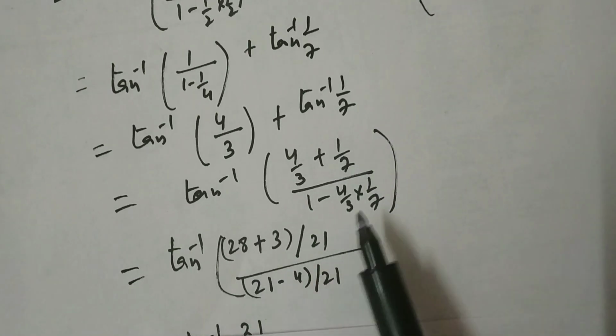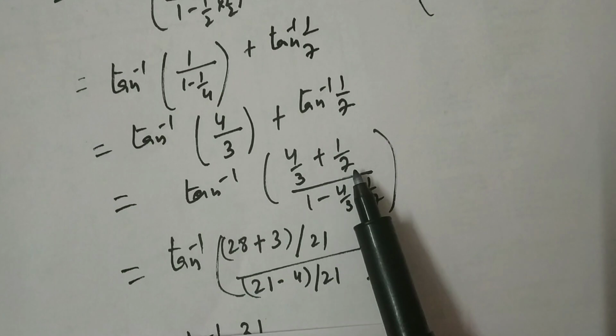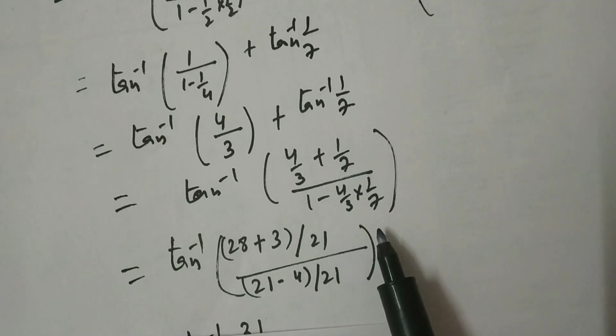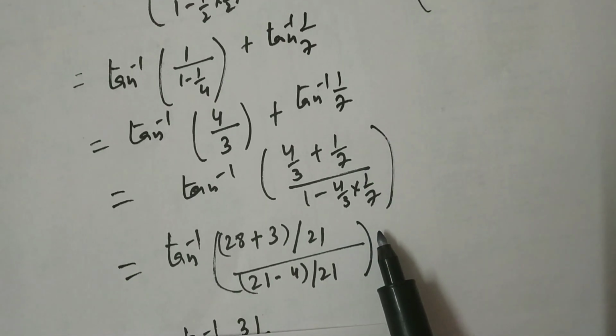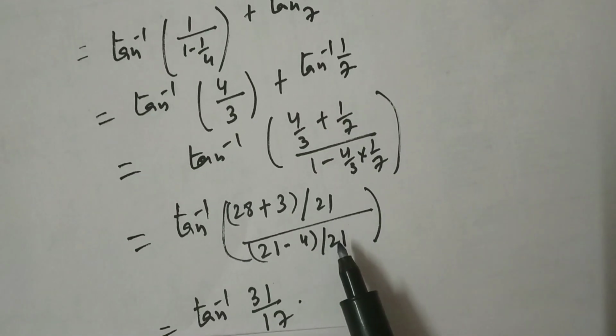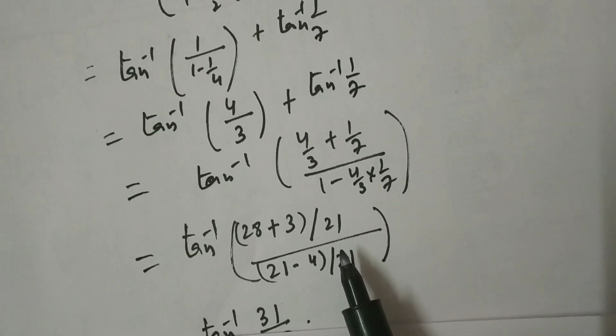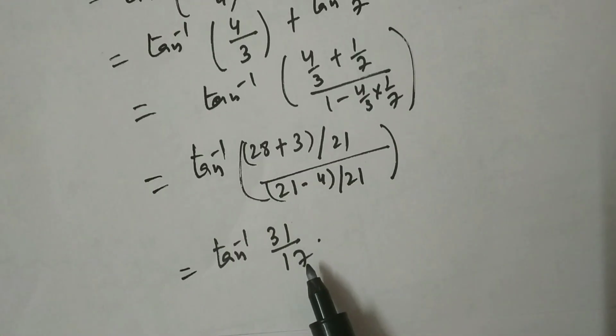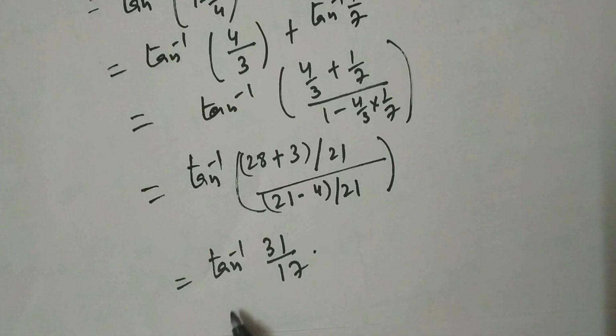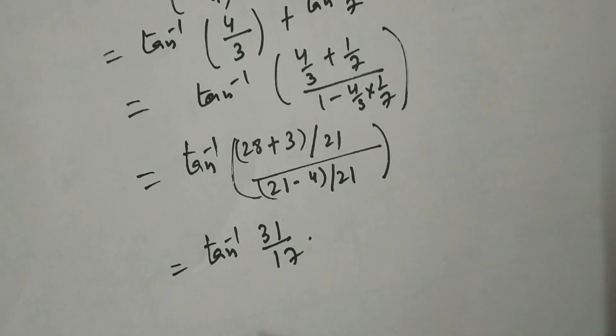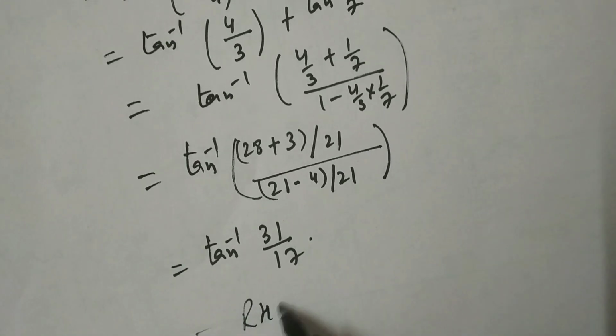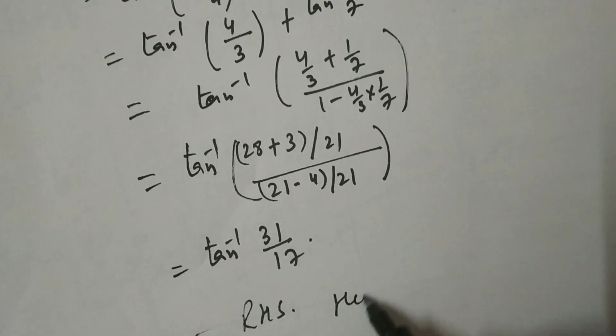Like in this question, I got the denominator 21 in the numerator while taking the LCM, and also the denominator 21, so we can easily cut. So it makes my calculation error free. Hence I get the RHS, that is tan inverse 31 upon 17, hence proved.